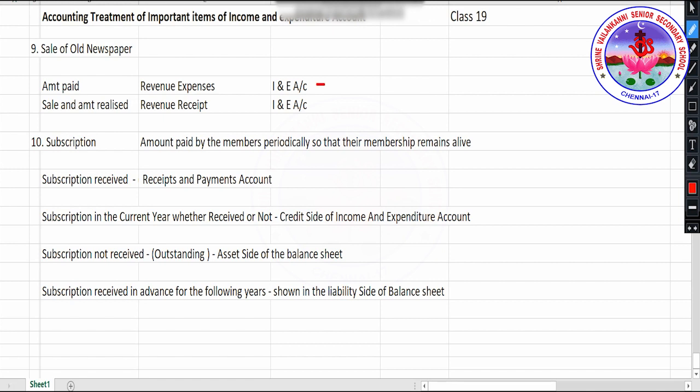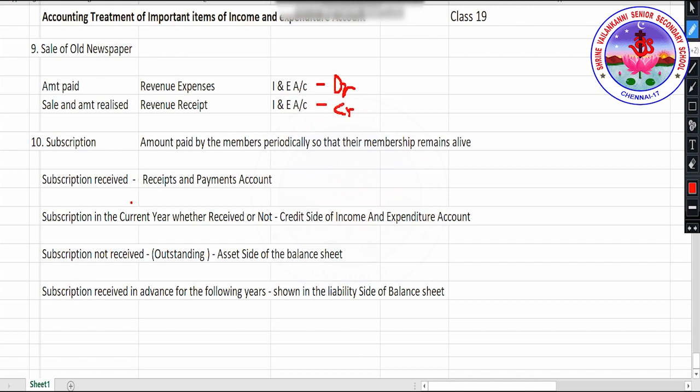Now, the sale and amount realized: if you are selling it and realizing an amount, it is a revenue receipt. It is to be credited in your income and expenditure account. I hope this part is clear, right?